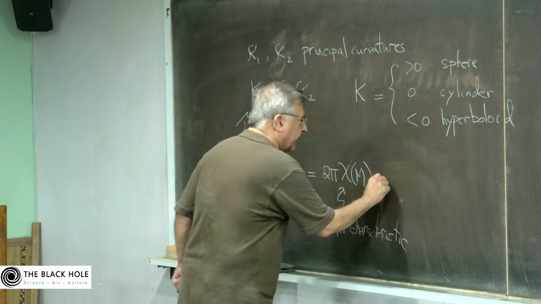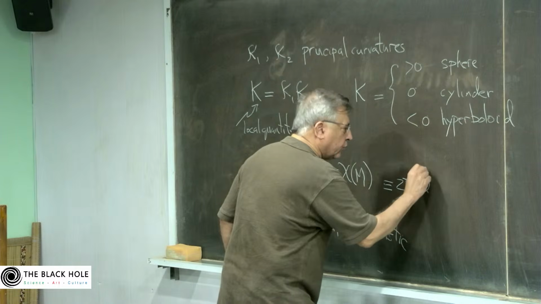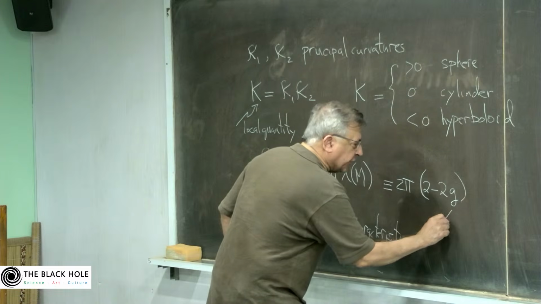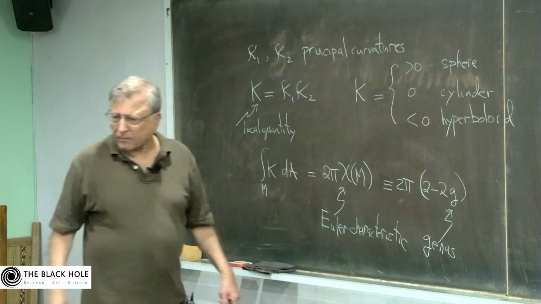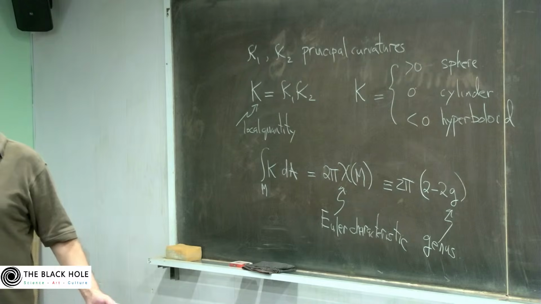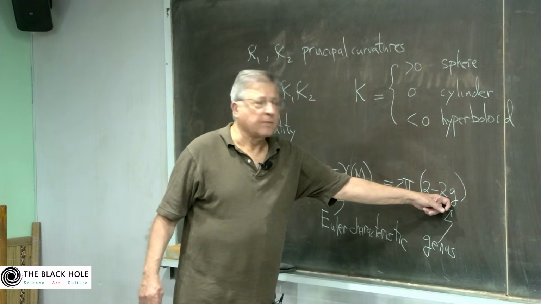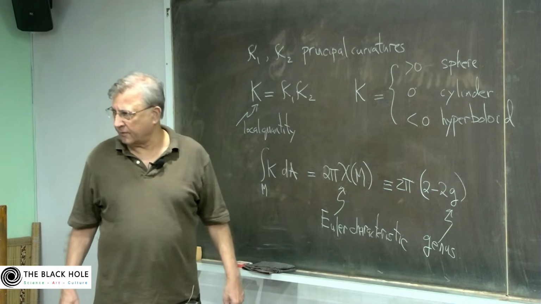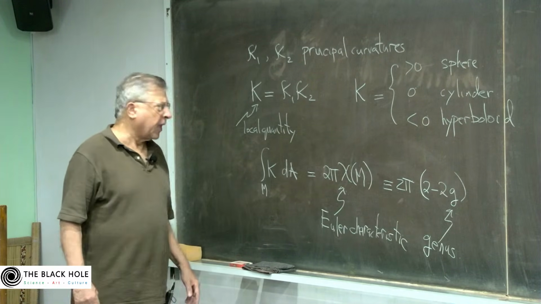And it is defined as 2 minus 2 g, where this g is what is called the genus. The genus is the number of holes. A sphere has no holes, and so g is 0. A torus has one hole, and so chi of m will be 2 minus 2, that means chi is 0.